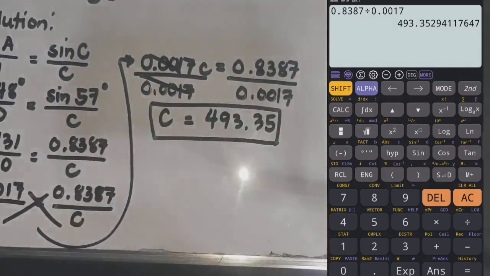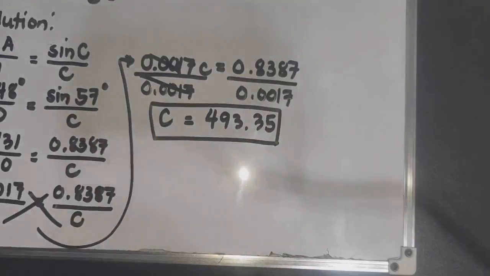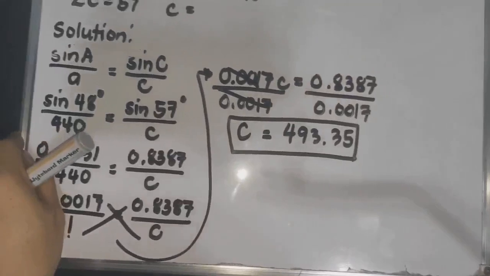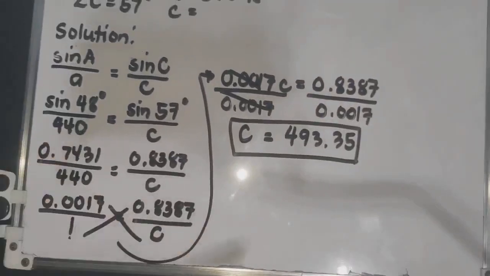So, kapag final answer natin sa side, so make sure na 2 decimal places na lang yung gagamitin natin. So, para hindi madami yung numbers na isusulat natin after the decimal point. So, again, in solving oblique triangles, pwedeng gamitin natin dun sa una nating solutions kapag hinahanap natin yung sides and angles ay yung law of sines.